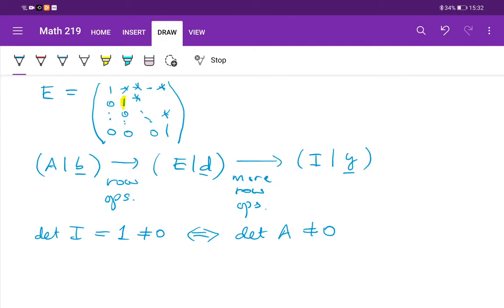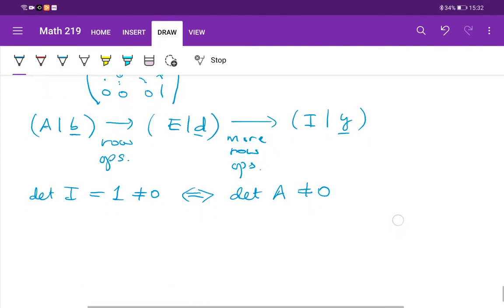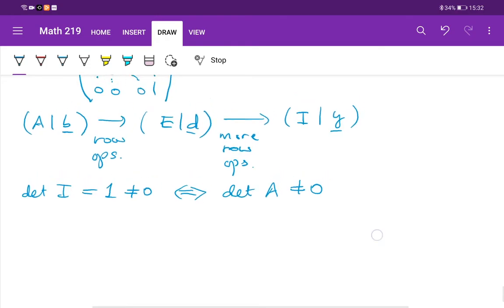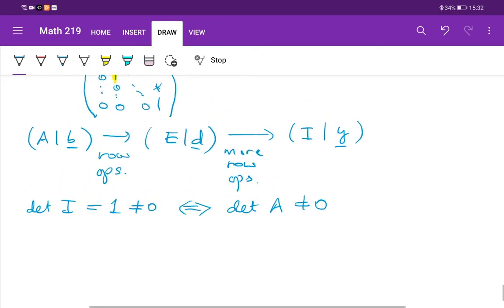Okay, so this is the case where the determinant of A is non-zero. In this case, the original equation and the final equation have the same set of solutions.